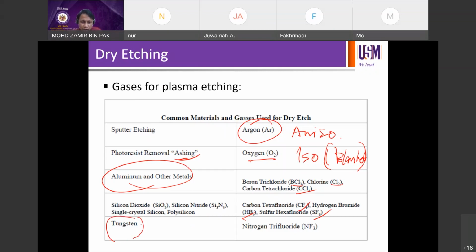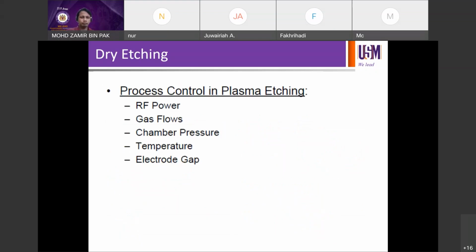Tungsten, if you want to etch tungsten from the wafer, from the films, you need to use NF3 as your gas. Okay, so that means to be able to do different etching of different material, you need to use different gas in the process.